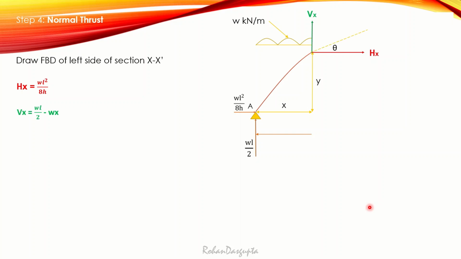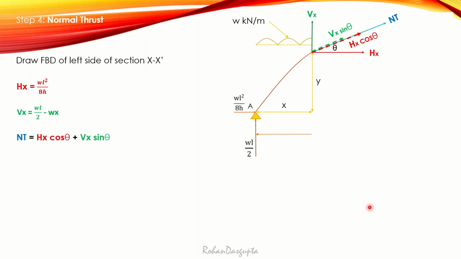Then we draw the theta, and then here comes the new thing. Normal thrust is in the direction of the tangent itself. So now we need to resolve hx and vx in the direction of normal thrust. So what do we have here? We have here hx cos theta, and here we have vx sine theta, both towards NT only.